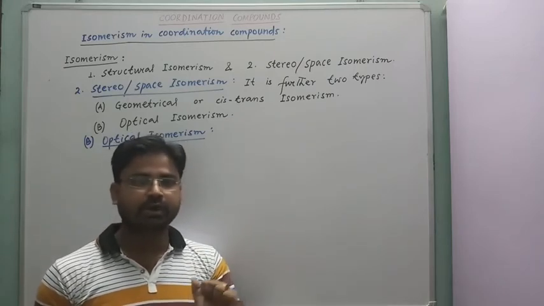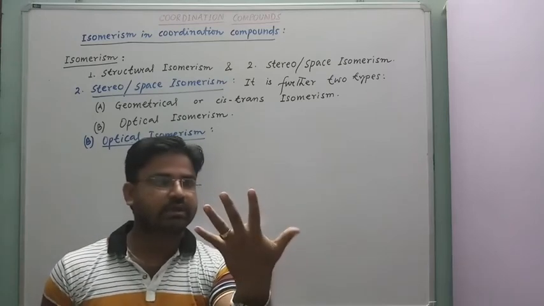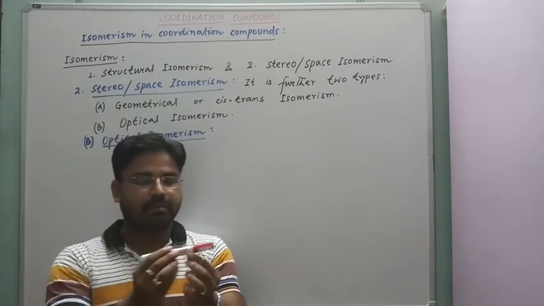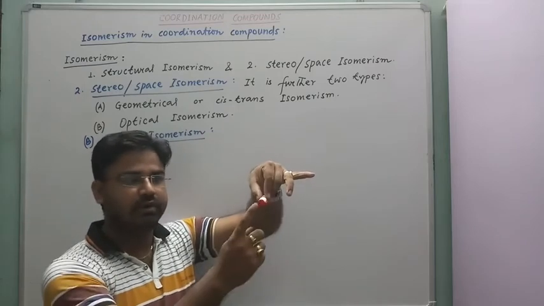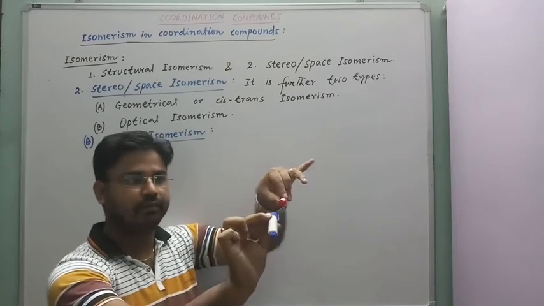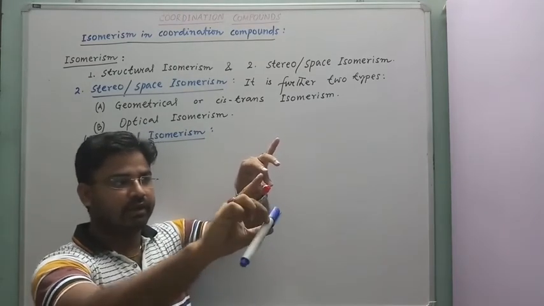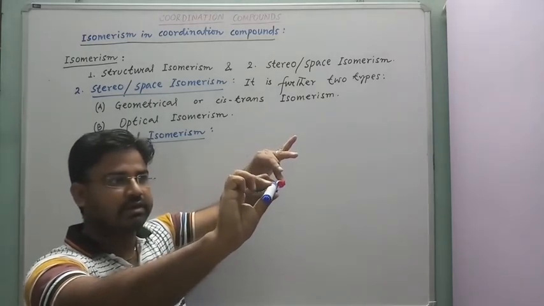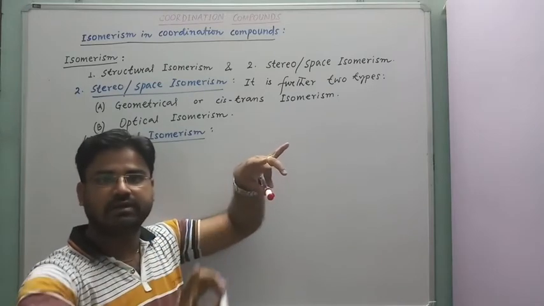But what is a non-superimposable mirror image? If I place my marker like this in front of a mirror, then you will see this structure like this. This part is right side and this part is left side, and in the mirror I can see this part in the left side, whereas this part in the right side.